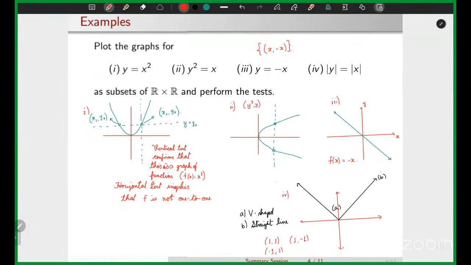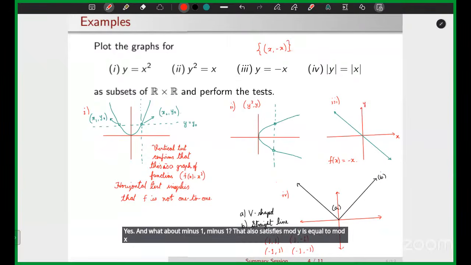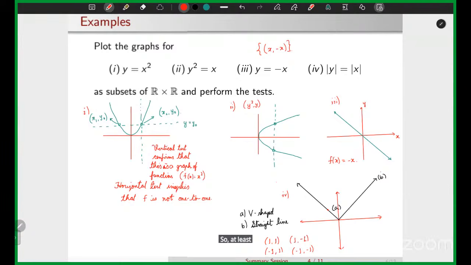Yes. And what about (-1, -1)? That also satisfies |y| equal to |x|. In all cases, |y| and |x| are both equal to 1. So at least this point, this point, this point, and this point are there.